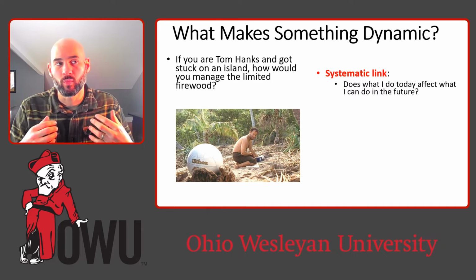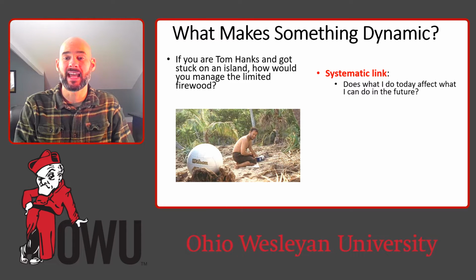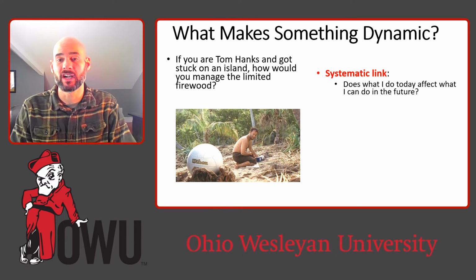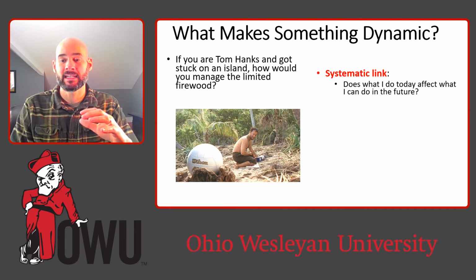And when we want to assess whether a systematic link is present, we want to ask ourselves, does what I do today affect what I can do in the future? Not just what the world is going to be in the future. Remember, that's not going to be dynamic. That's just involving the state of the world over time. We want to think about decisions that we make across time.